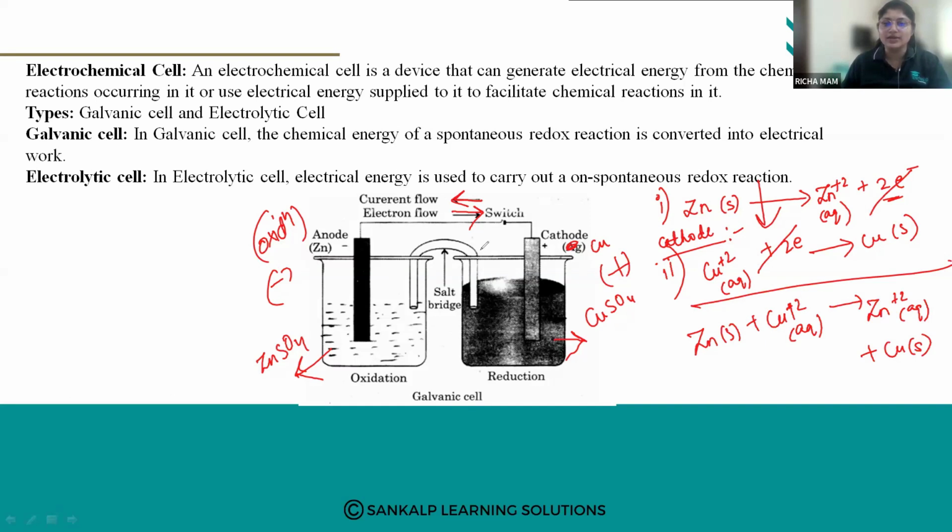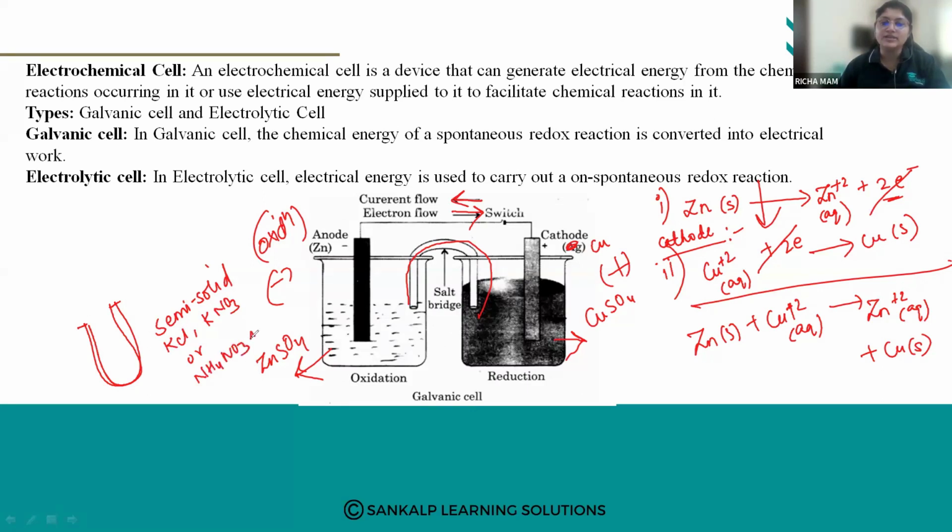So what is this salt bridge? A small explanation about the salt bridge is also very important. It is a U-shaped tube containing a semi-solid electrolyte such as KCl, potassium nitrate, or ammonium nitrate in gelatin or agar-agar.